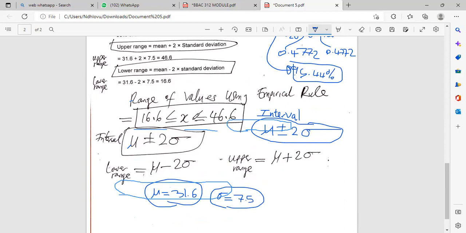So now getting down to this one, let's find our lower range. We are going to get the amount, which is equal to mu minus the 2 standard deviations.